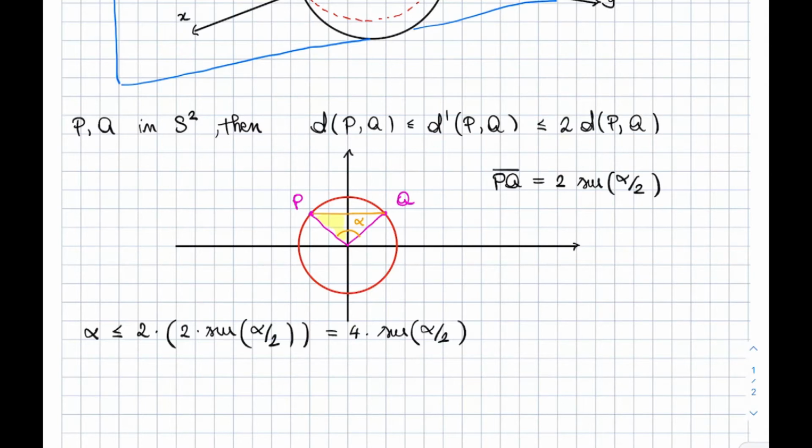We just need this for alpha bigger or equal than 0 and smaller or equal than pi.